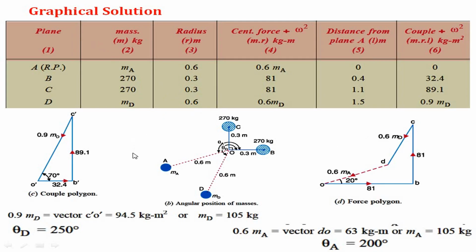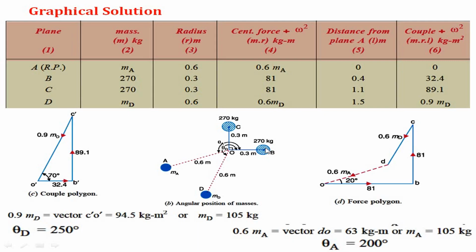After preparing a table, we need to represent the masses with their angular positions. Right now, the masses in plane B and C are known to us, as well as the angular position of these masses. So it is up to you to select the position of one of the masses. Say right now we are going to select the mass in plane B at 0 degree.